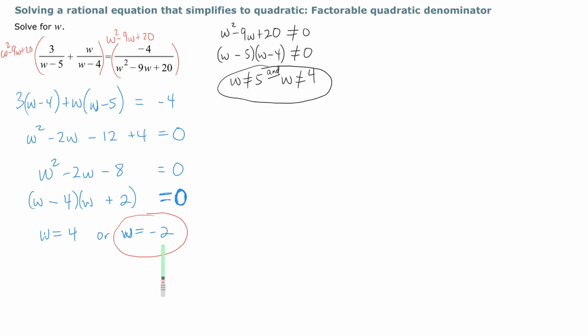And then, of course, take this negative 2 and plug it into the original equation and see what happens. Well, obviously, if you put 4 in the denominator here, we get into a lot of trouble. We're not allowed to divide by 0. So you can see that the final answer is w is equal to negative 2. Remember to show your work. Be very neat throughout.